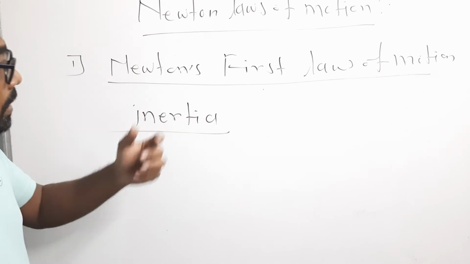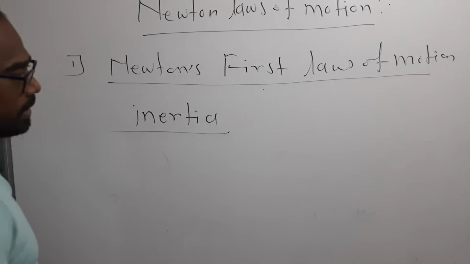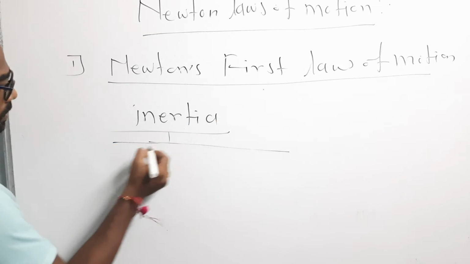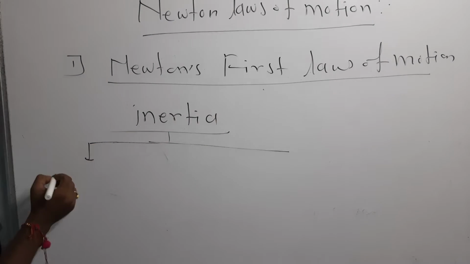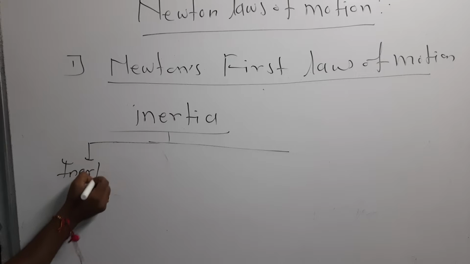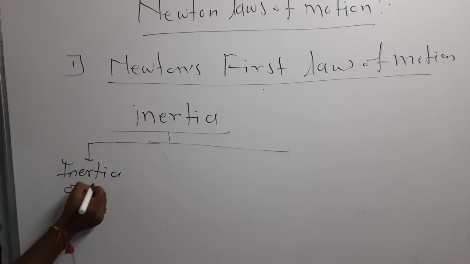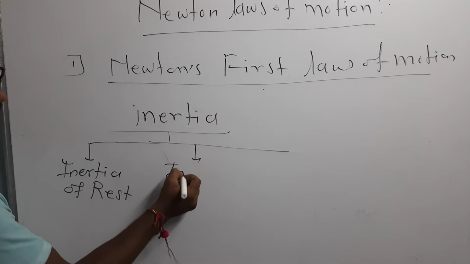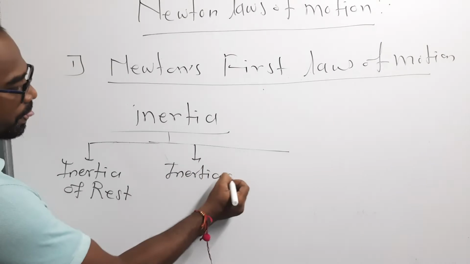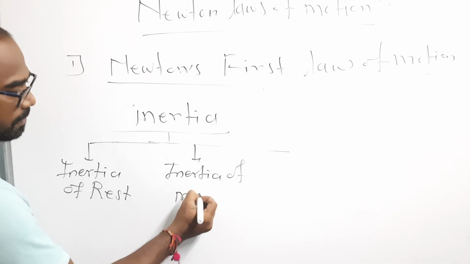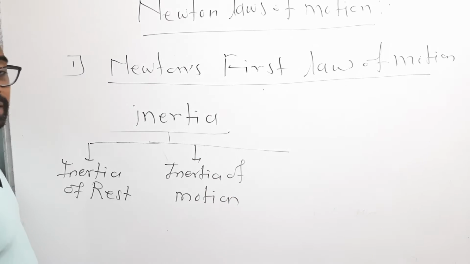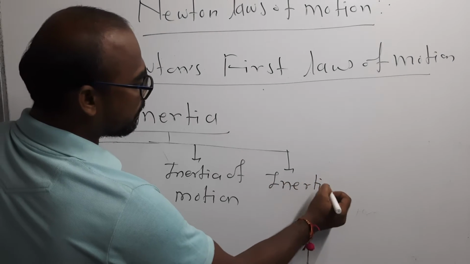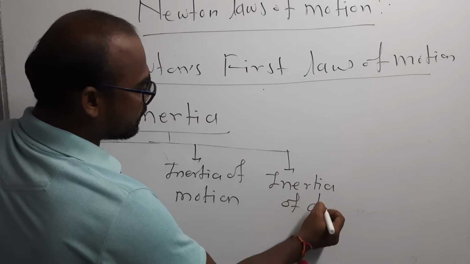In that, there are three types of inertia. First is inertia of rest. Second, inertia of motion. And third one, inertia of direction.